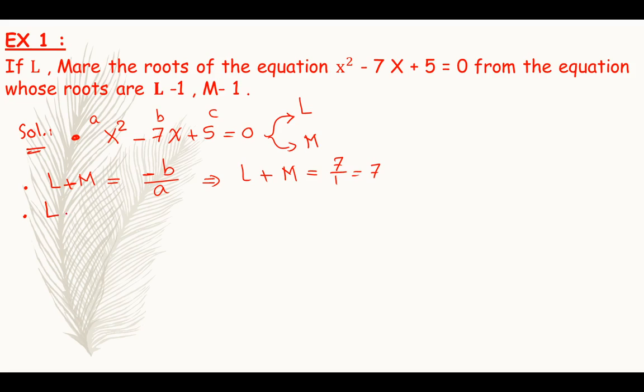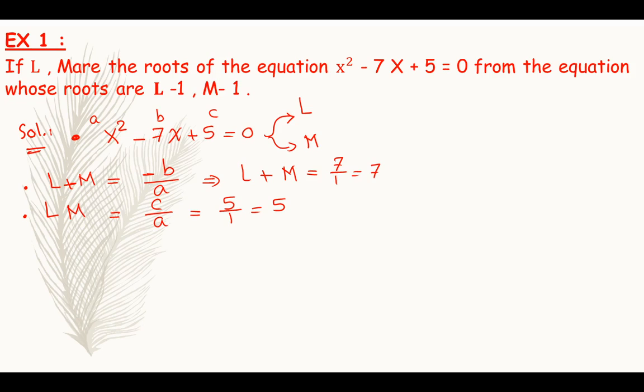Product of roots, LM. Okay, LM equals C over A, and here we have C equals 5 and A equals 1, so it will be 5 over 1, which is equal to 5. Now we have the sum of the roots equals 7 and the product of the roots equals 5.